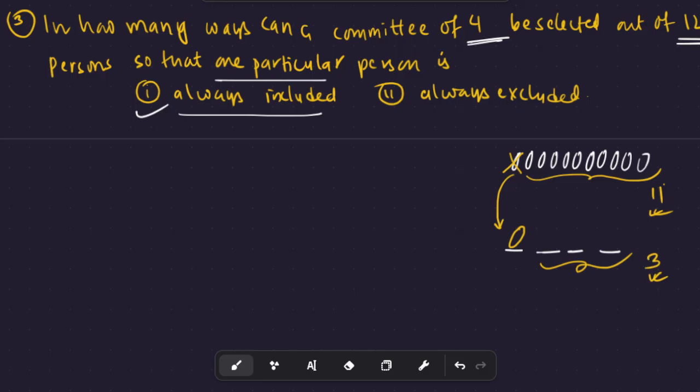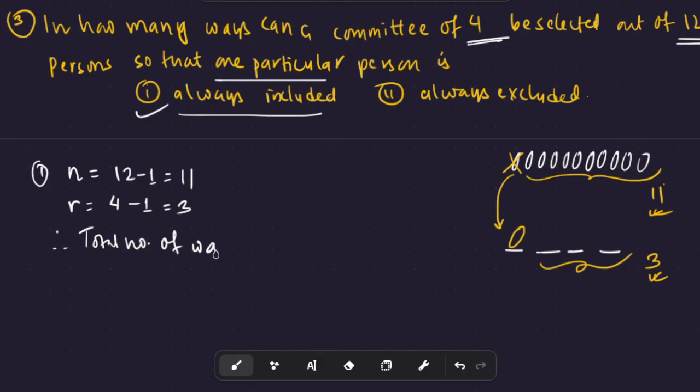In the first case, n will be equal to 12 minus 1 equals 11, because 1 has already been selected. r will be equal to 4 minus 1, again because 1 has already been included, so only 3 persons are left to select. Out of 11, these should be selected. That is why the total number of ways equals how much?